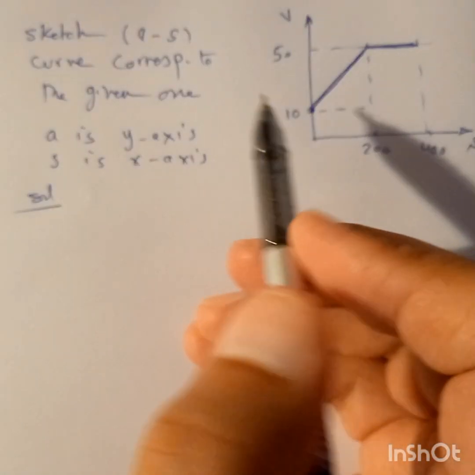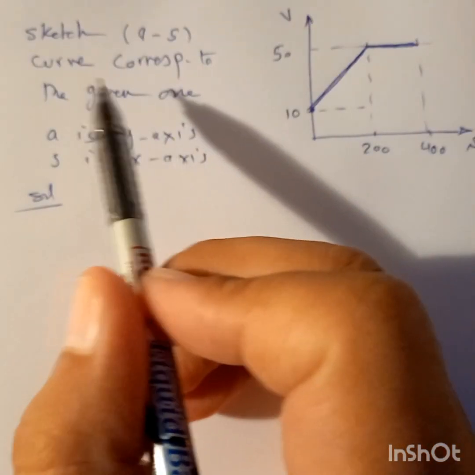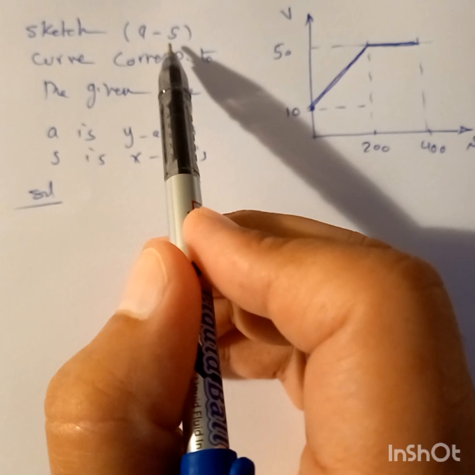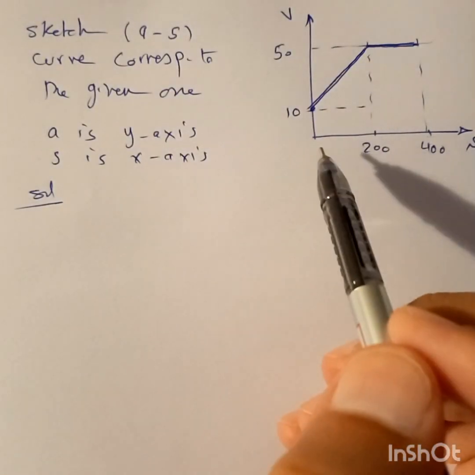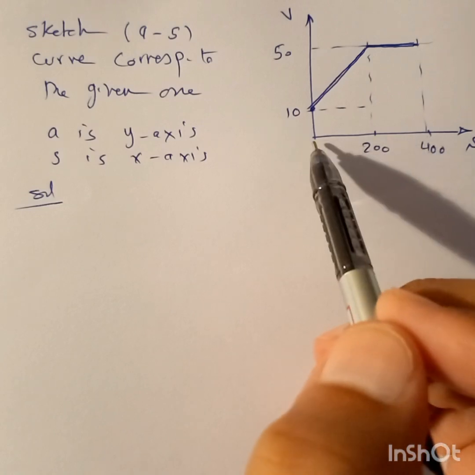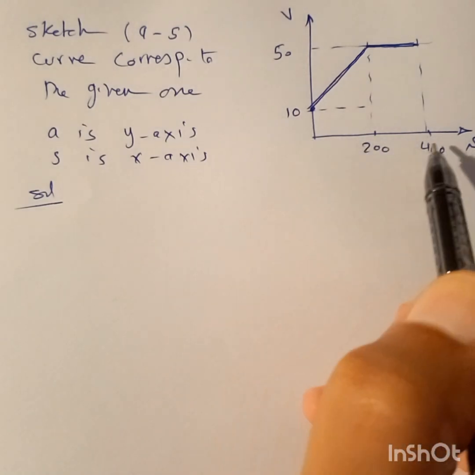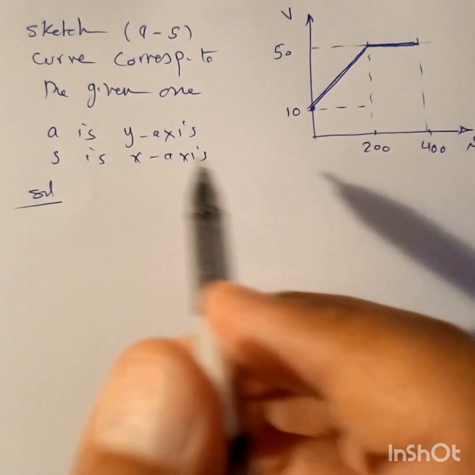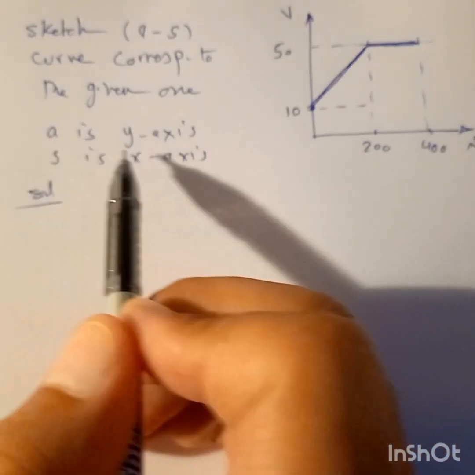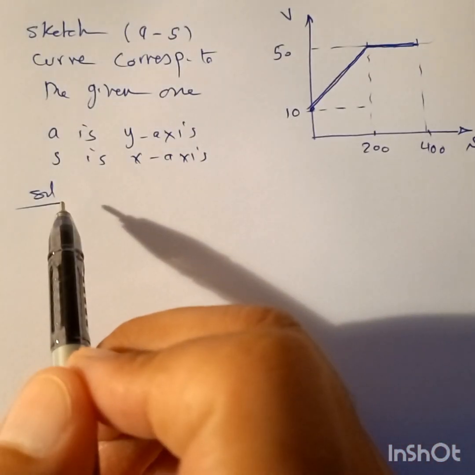We have another example. In this figure, it's required to sketch the acceleration displacement curve corresponding to the given v-s curve over the displacement interval from 0 to 400. Okay, you can choose a as y-axis and s as x-axis.